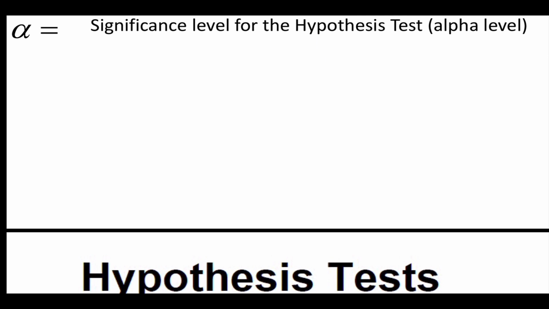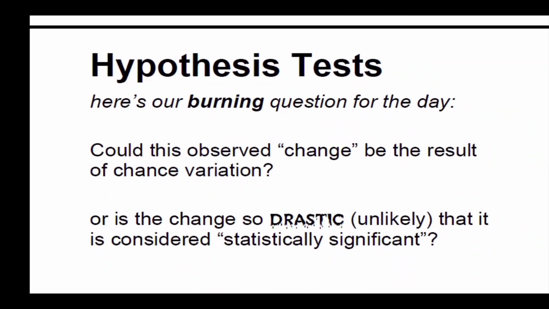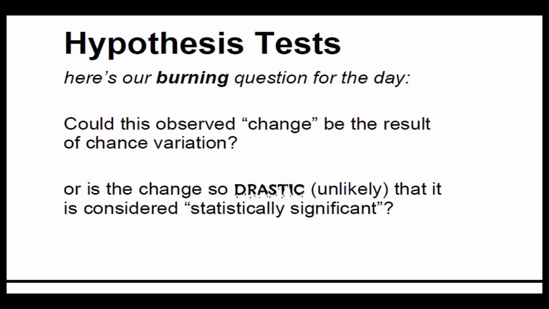All right. So when do we use hypothesis tests? When this is the question we want to answer: could this observed change be the result of chance variance, or is the change so unlikely that it is considered statistically significant? I'll give you an example. A claim is made. We'll talk about some claims later.